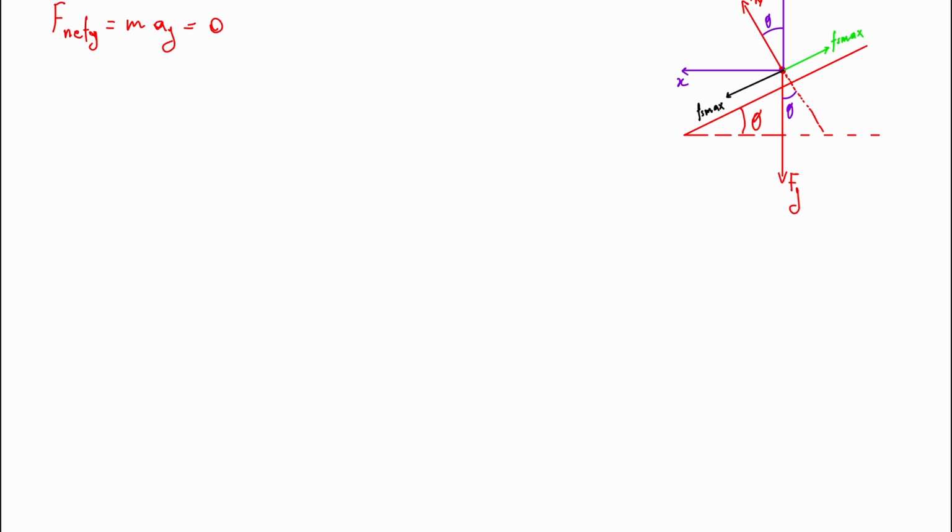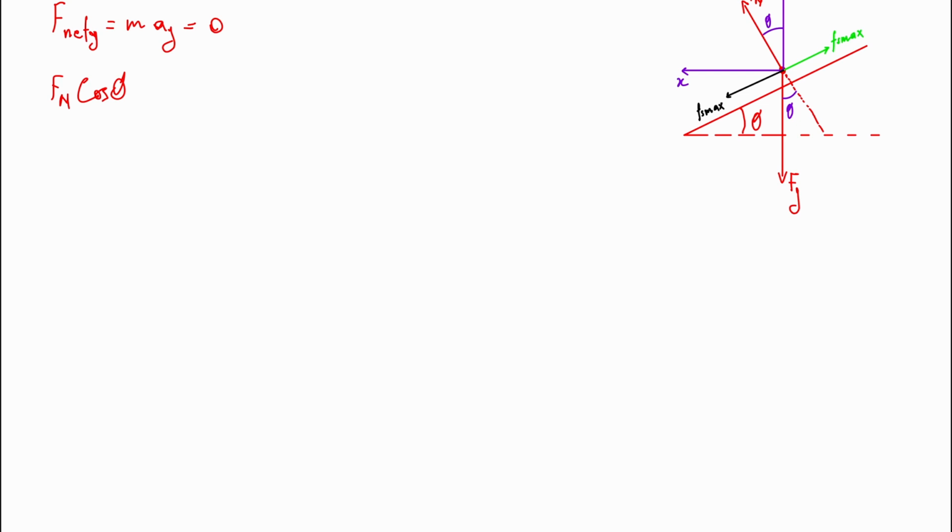What are those forces? Well, there's a component of the normal force that's parallel to the y direction. And if you were to consider this triangle up here, that component is going to form the adjacent side of that triangle, which means the appropriate trig ratio is going to be the magnitude of the normal force times cosine of theta. This would be the y component of the normal force.